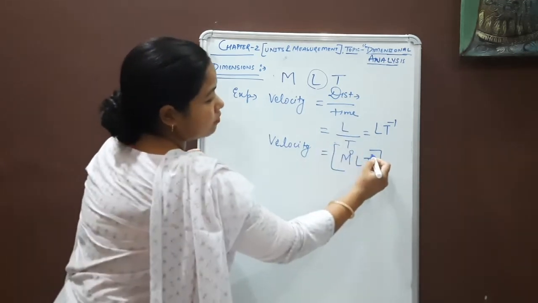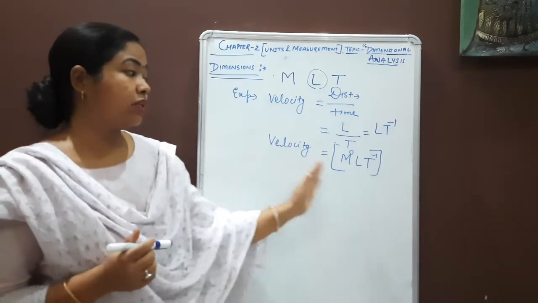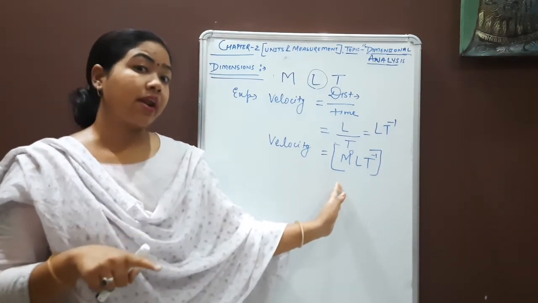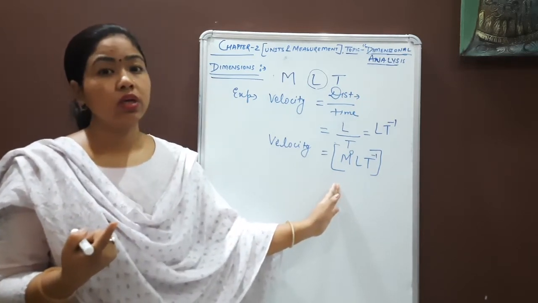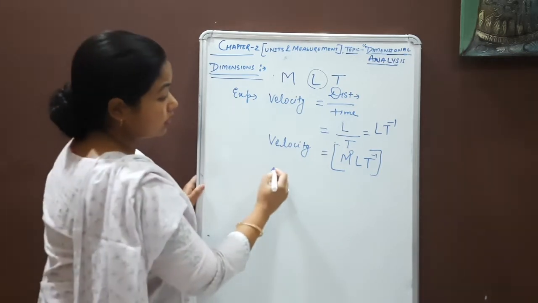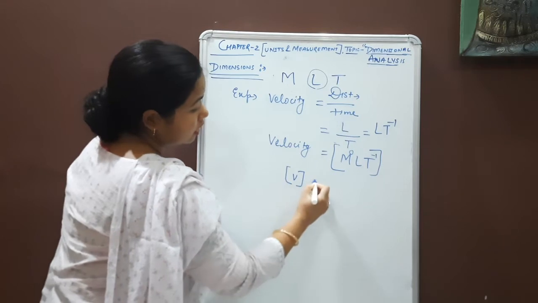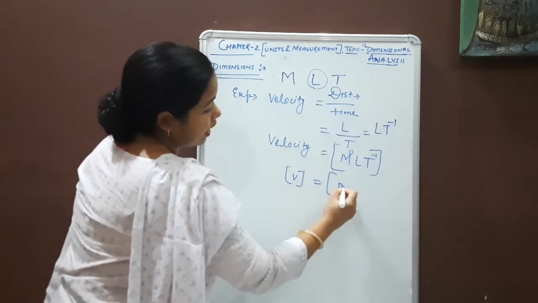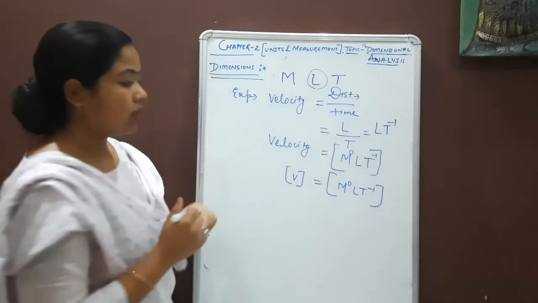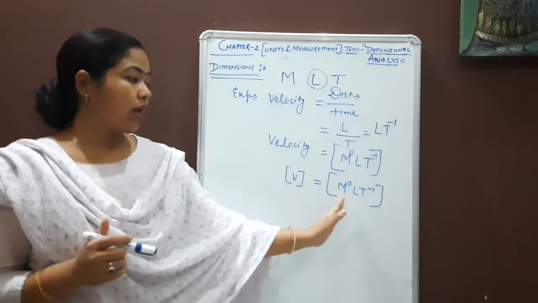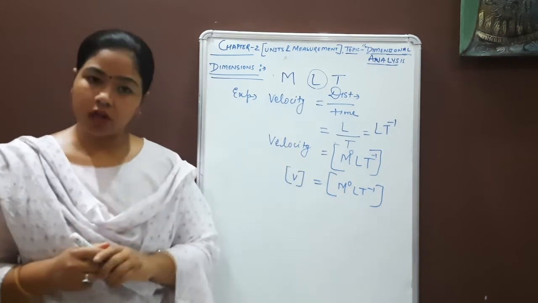And for T, we have T^-1. This is the dimensional formula. When we write the dimensional equation, we equate it: for velocity, v equals M^0 L T^-1. This is the dimensional equation for velocity.